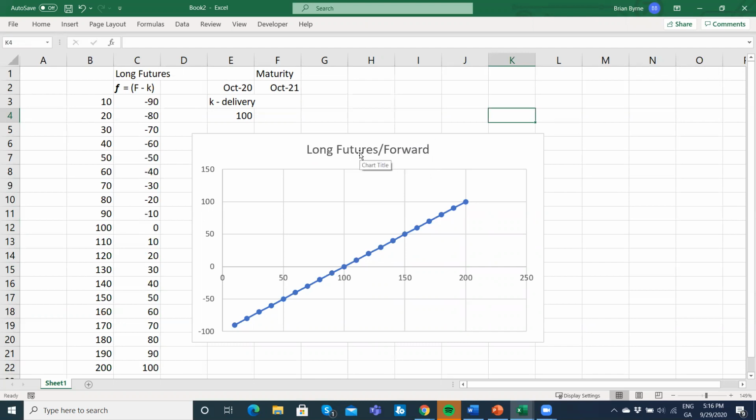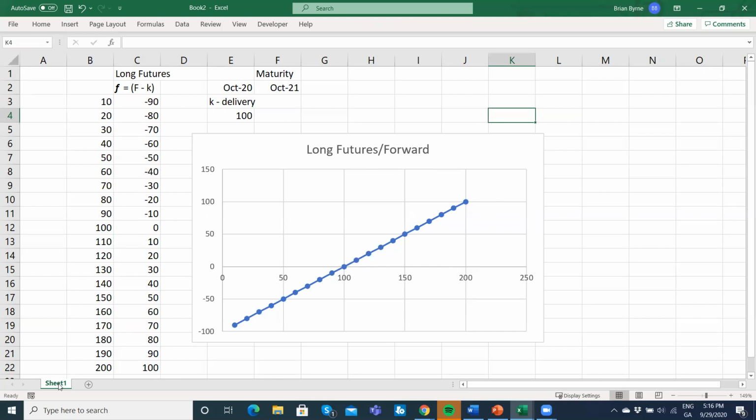For the futures position, there is typically a margin account, perhaps even real-time adjustment to the margin account. In the forward contract, there may not necessarily be that level of sophistication in terms of marking to market, but forward contracts do sometimes have some credit risk management. Key difference: futures trade on exchanges, forwards trade broker to broker or OTC.